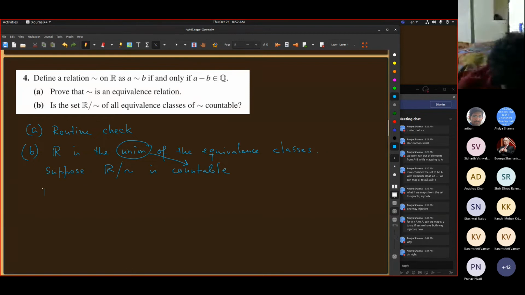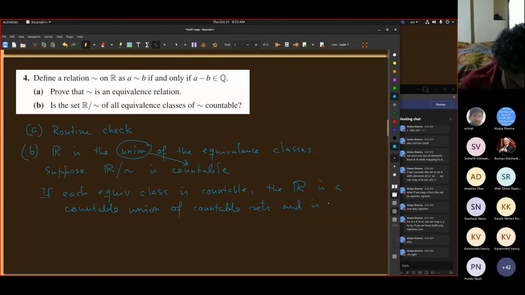Okay, so if each equivalence class is countable, then R is a countable union of countable sets and is therefore countable.